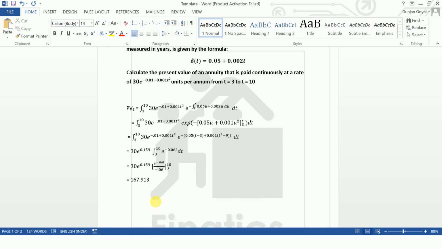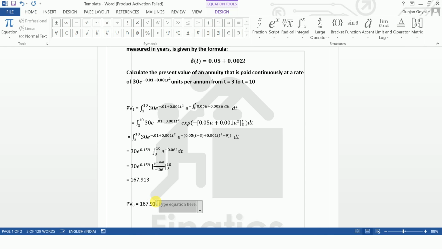Now to get present value at time 0, again I write PV, you press control equals to 0, subscript becomes now normal. Okay, and then 167.913. Again alt equals to will insert an equation. I write e to the power, I then write minus bracket integral, and then 0 underscore 0 to 3.